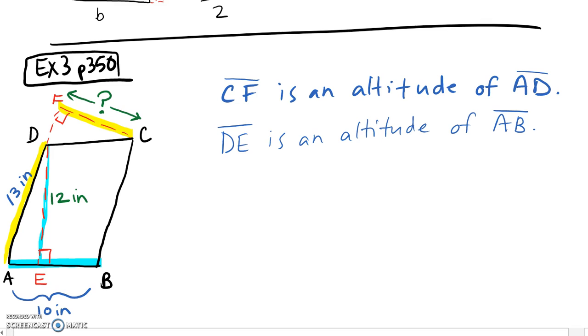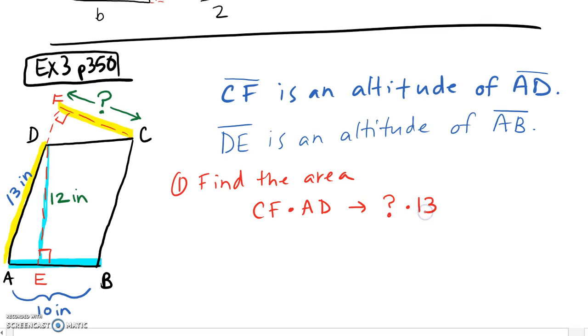So how do we solve it? Well, we find the area. There's two different ways to find the area because we have two different possible bases with altitude. So if I do CF times AD, that would be question mark times 13.